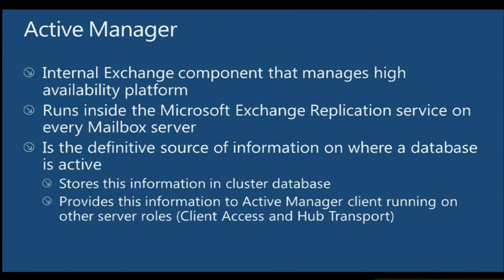In fact, with respect to the DAG, we only use 3 pieces of cluster technology. We use the node and management APIs so that we can group the servers together. We use the networking and the heartbeat technology so that we can know when servers go up and down. And we use the cluster database to write information so that it can be replicated immediately to all the other DAG members.